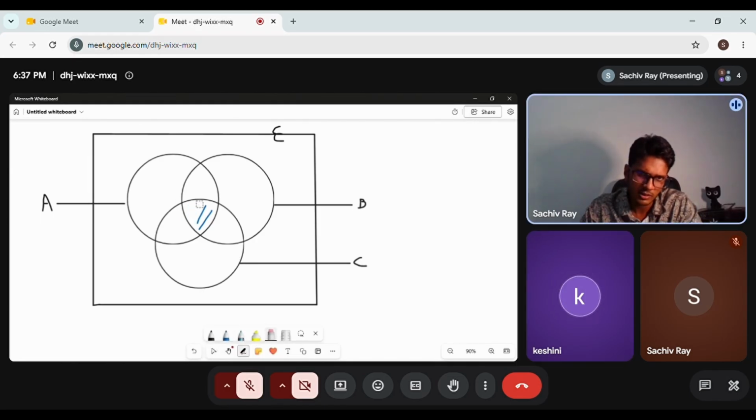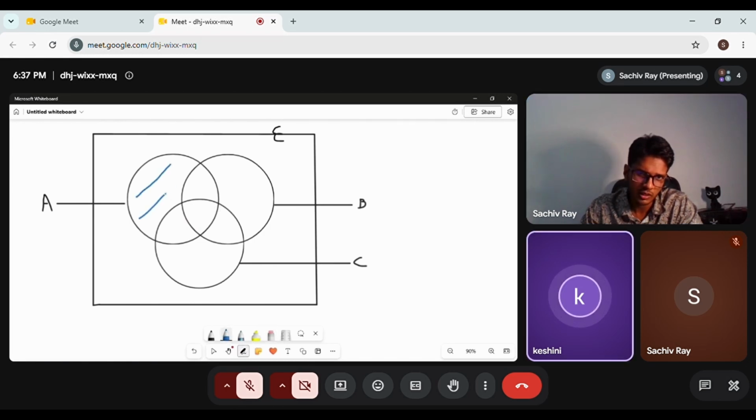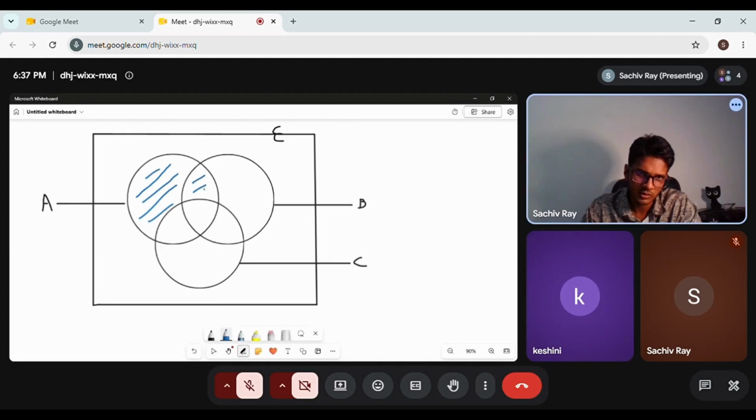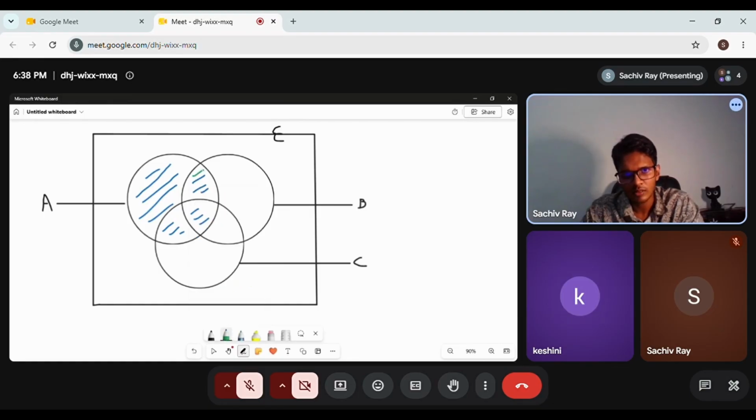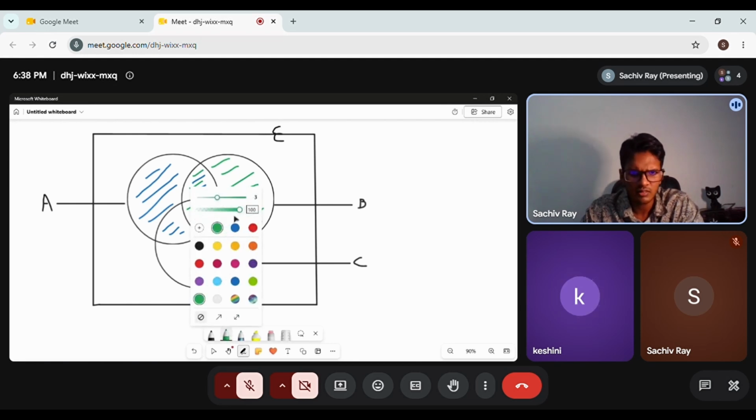Now let's just imagine this. If I colored A with blue, it will be colored in blue, right? And B will be colored in green, and C will be colored in orange.